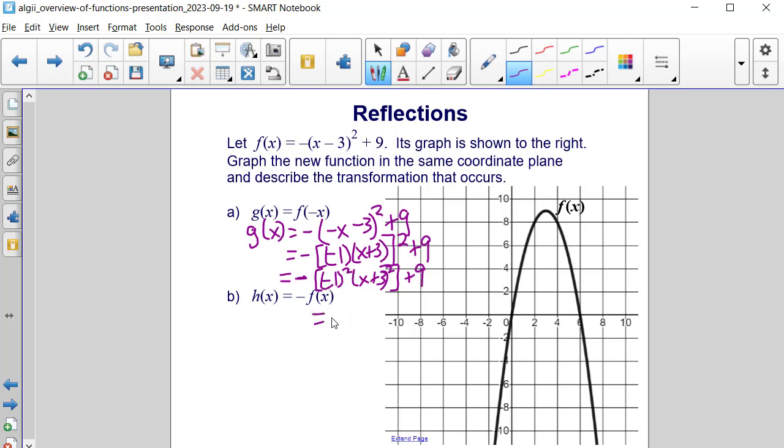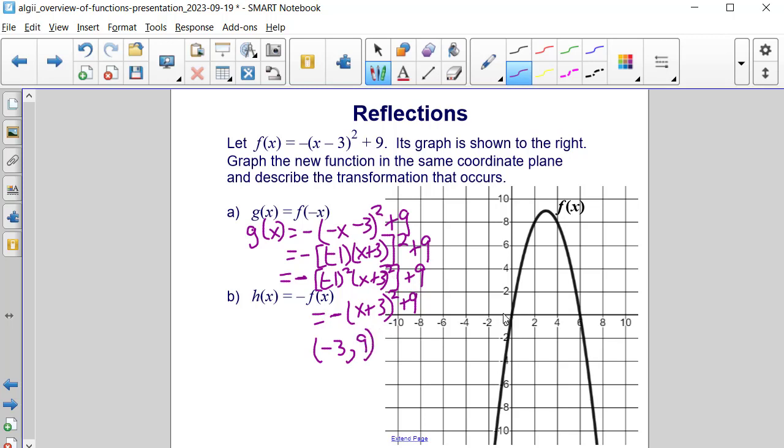So we still have the negative that's out in front there. But negative 1 squared again is positive 1, so we don't have to write it. And we have x plus 3 remaining squared plus 9. That tells me that my parabola is going to open downward and its vertex is going to be negative 3, positive 9.